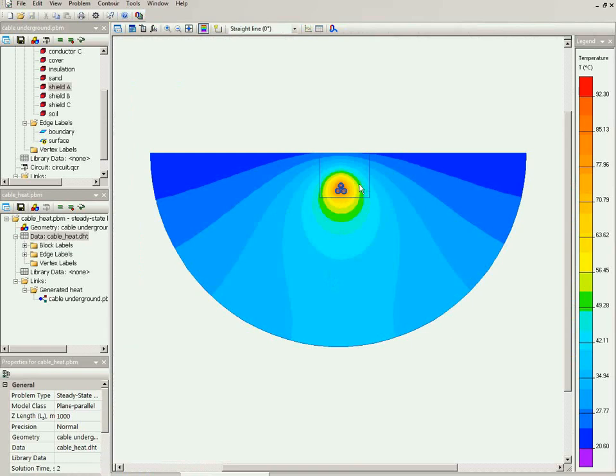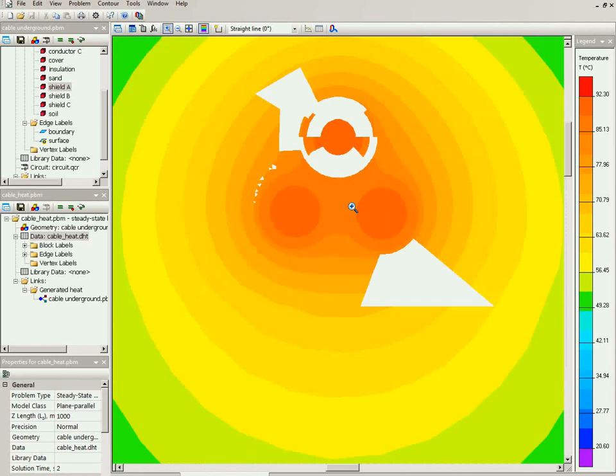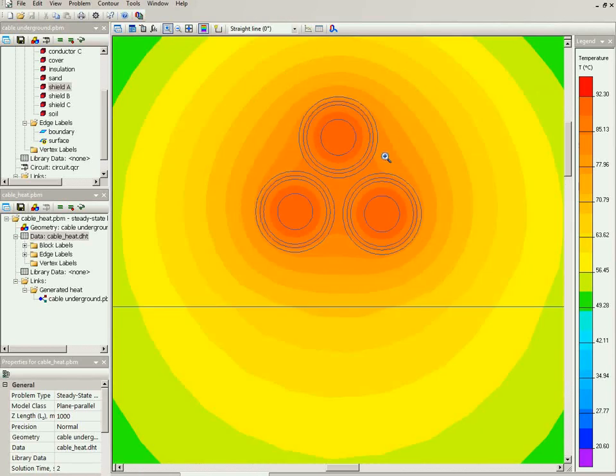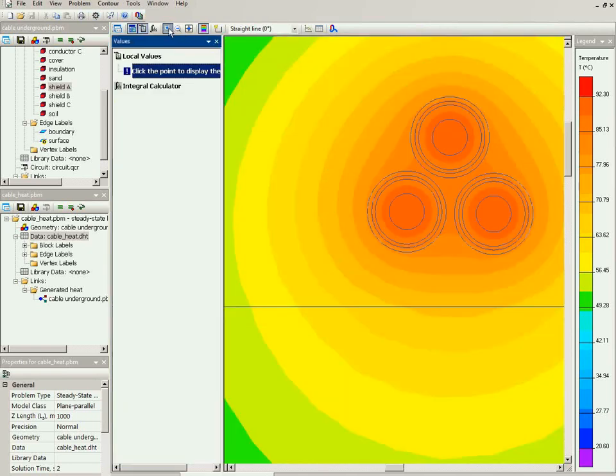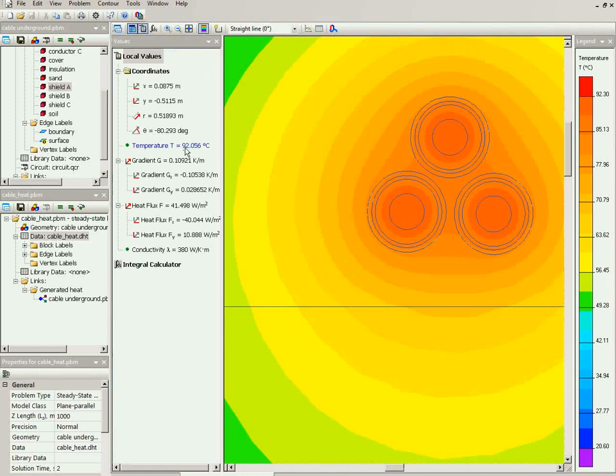Now let's run the analysis of the heat transfer problem. Here you can see the temperature distribution in the sand, in the soil, and in the cable, and on the surface. Now let's take a closer look. You see the central conductor temperature is 92 degrees, and the cable surface temperature is 22 degrees.